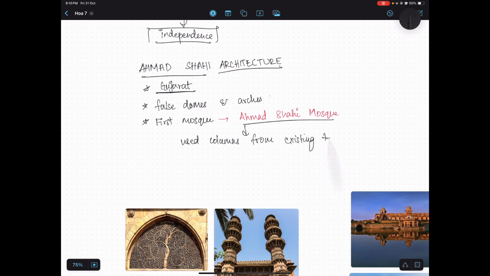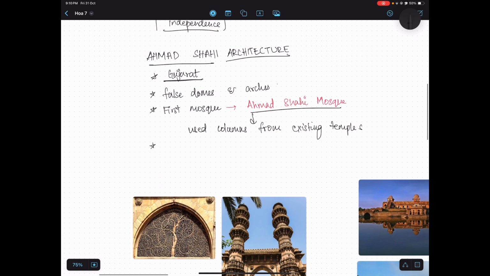Now this usage of materials from existing temples was something that we saw in the slave dynasty, so remember that. And they used a lot of stone jali work.